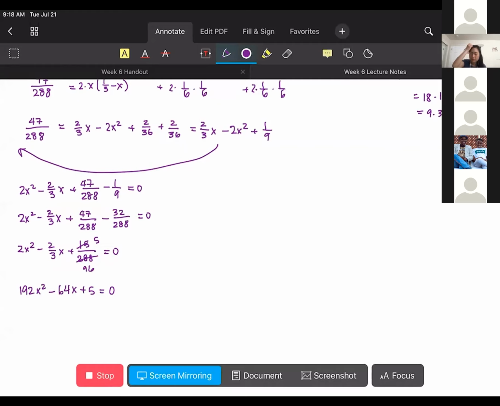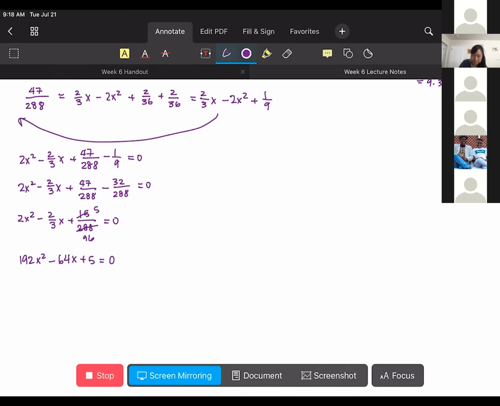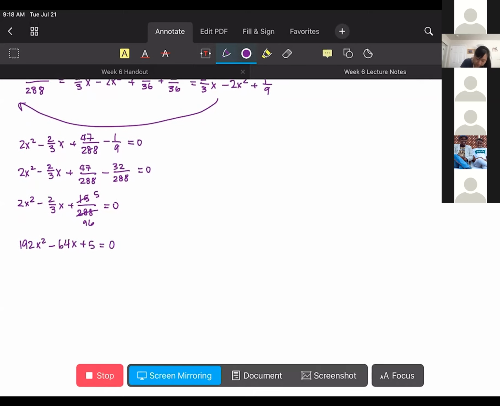So how do we solve this equation for x? Well, we could shift the 5 back to the other side and then complete the square of what's left. Okay, we could do that. How do we do that? So when we shift the 5, it becomes negative 5 equals 192x squared minus 64x.